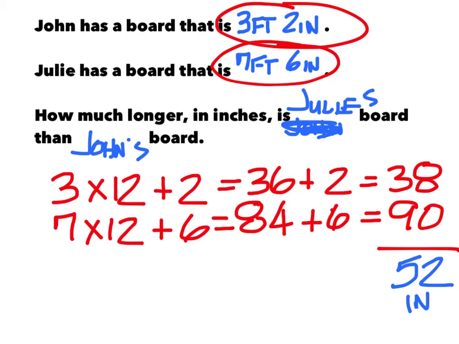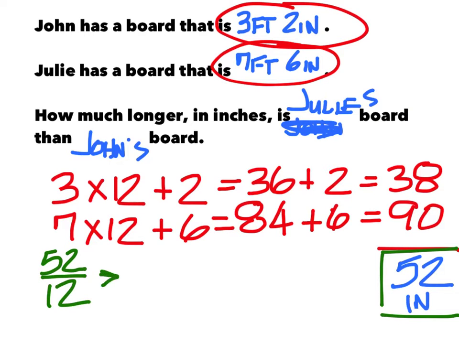That's 52 inches. But you need to express in feet and inches the answer. So you'll have to convert the 52 inches into feet and inches. 12 will go into 52 4 times without going over. 12 times 4 is 48.